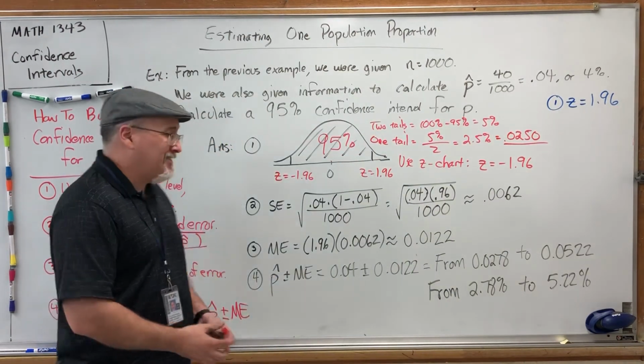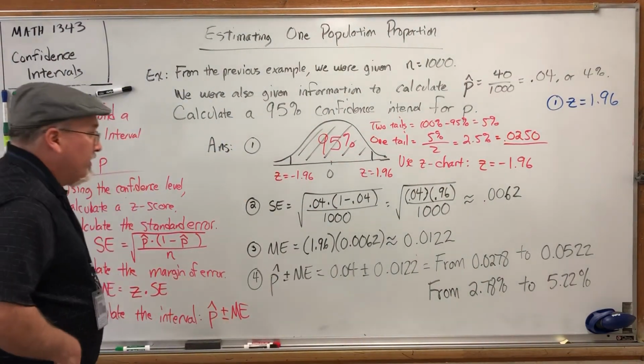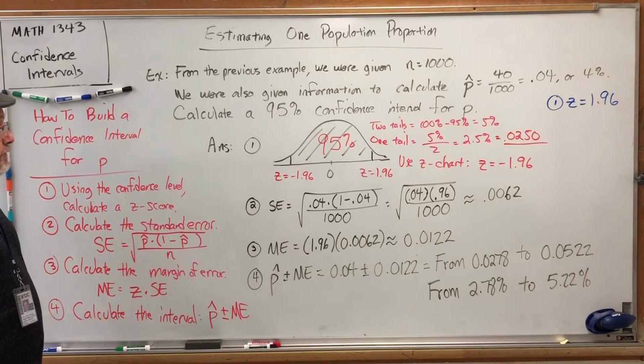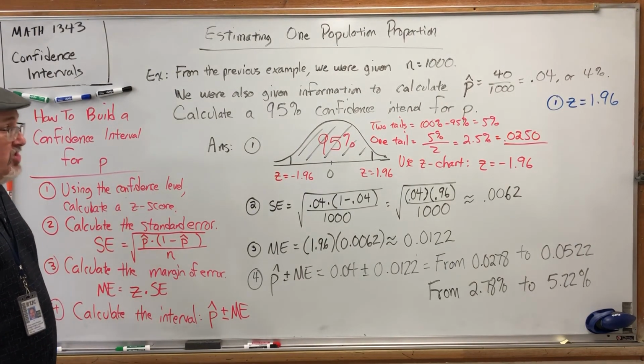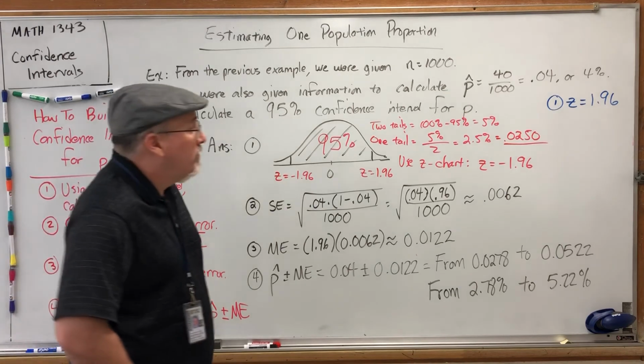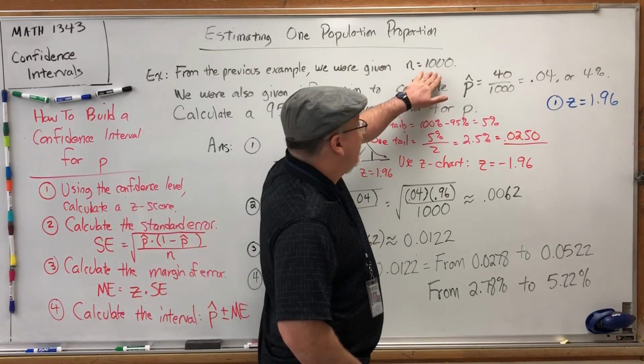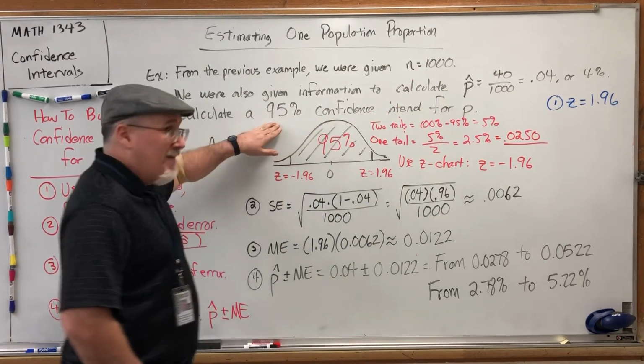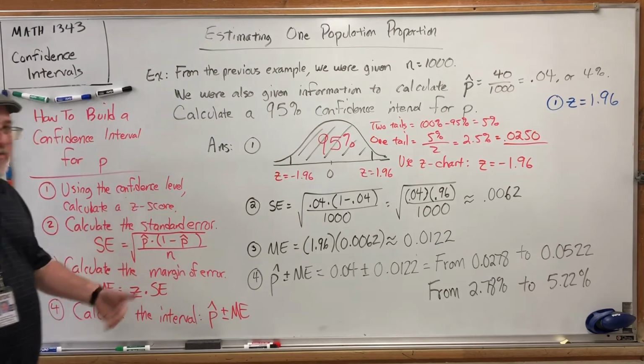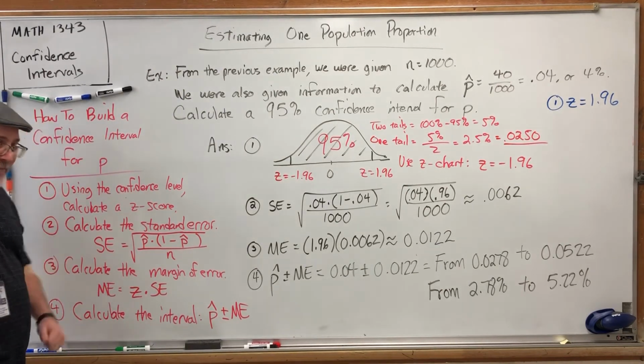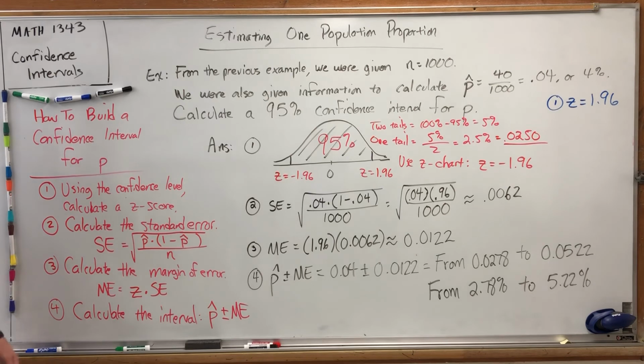All right, so to summarize, if you have a percent of a sample that has a characteristic, and you know the sample size, and you know a confidence level, it is very procedural to build a confidence interval. We'll do another example in the next video, but the 4 steps will always be the same. Find the z, find the standard error, find the margin of error, and find the interval.